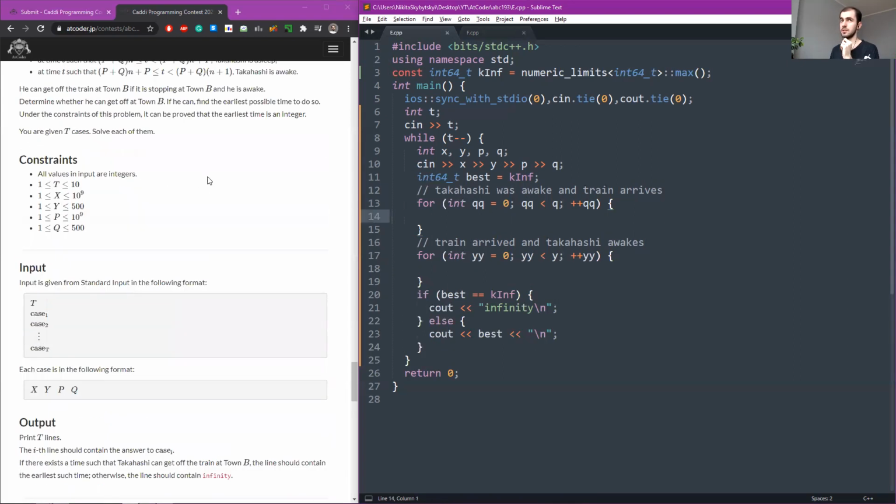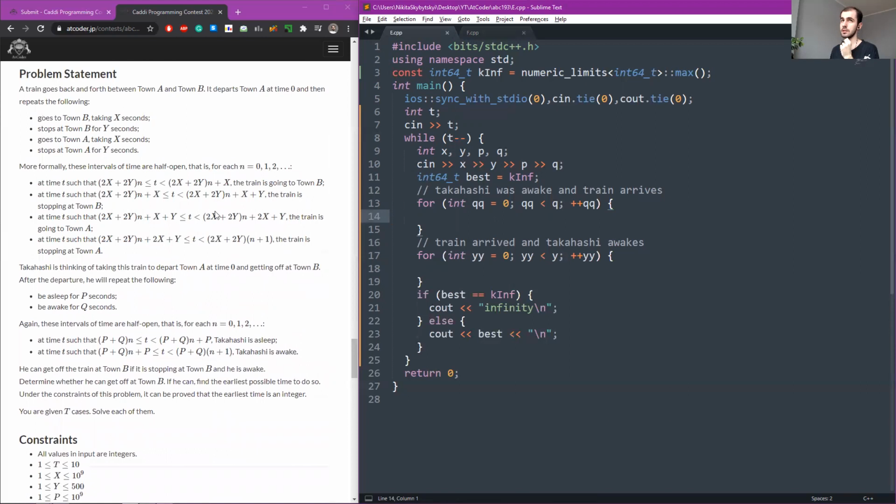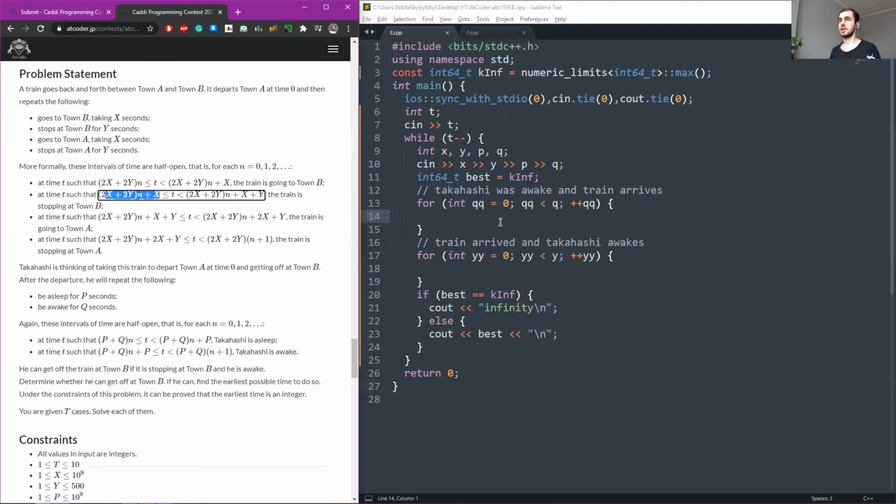What are the moments when the train arrives? Actually, they are conveniently written here. This is the arrival time.